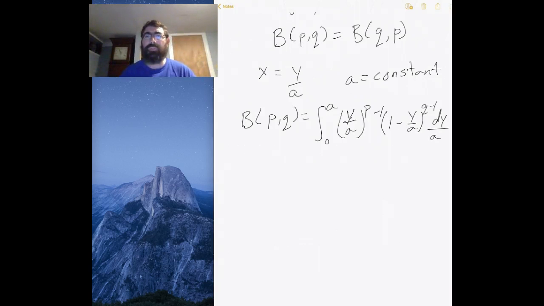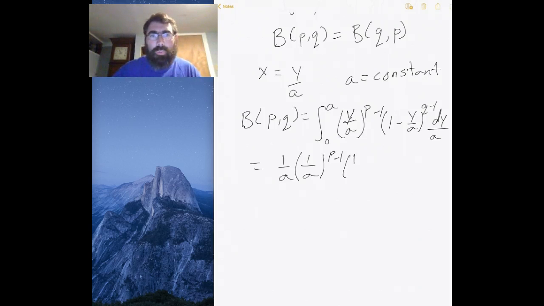All I did was a variable substitution. So I can take the 1 over a out front, I can take a 1 over a to the p minus 1 out front, and I can take a 1 over a to the q minus 1 out front.